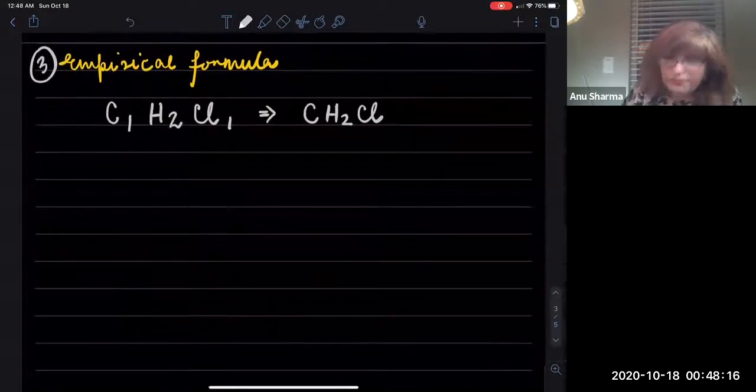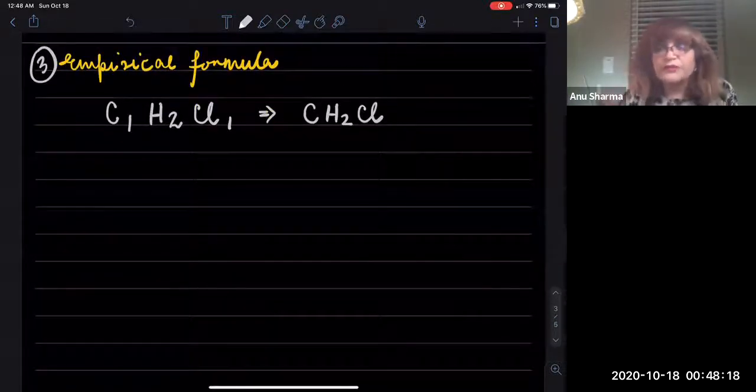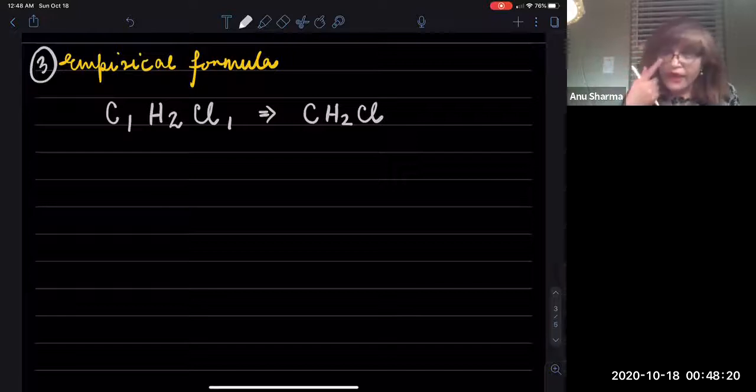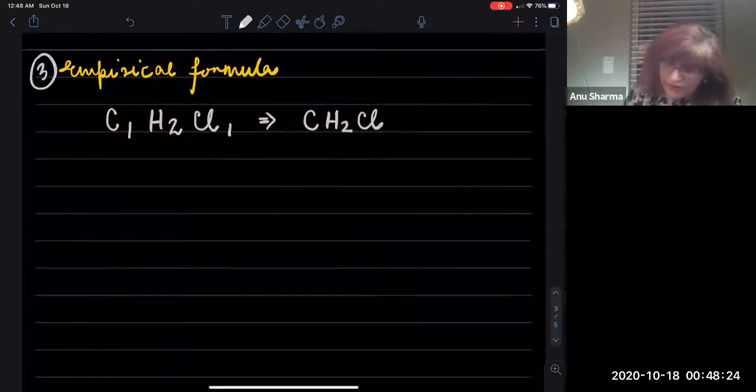So in order for it to be stable, we need to look at the exact molecular formula so that it makes sense. It needs to make the appropriate number of bonds in order to be stable.